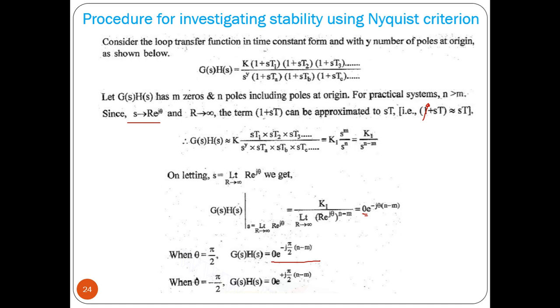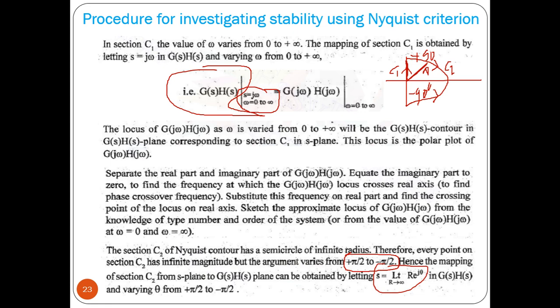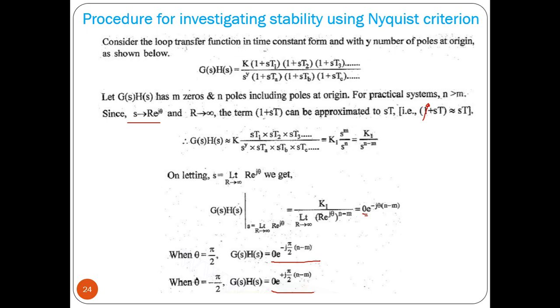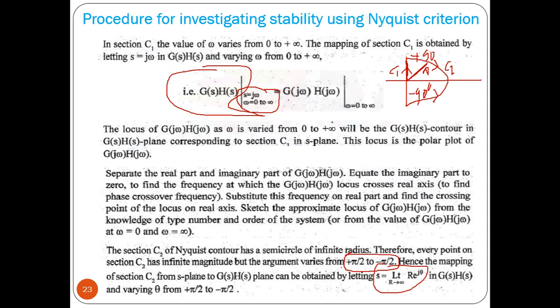So we get 0 times some angle that varies from a negative to a positive angle, and the radius is infinity. So due to this infinite-radius right half plane Nyquist contour, in the Nyquist plot it will be zero radius.